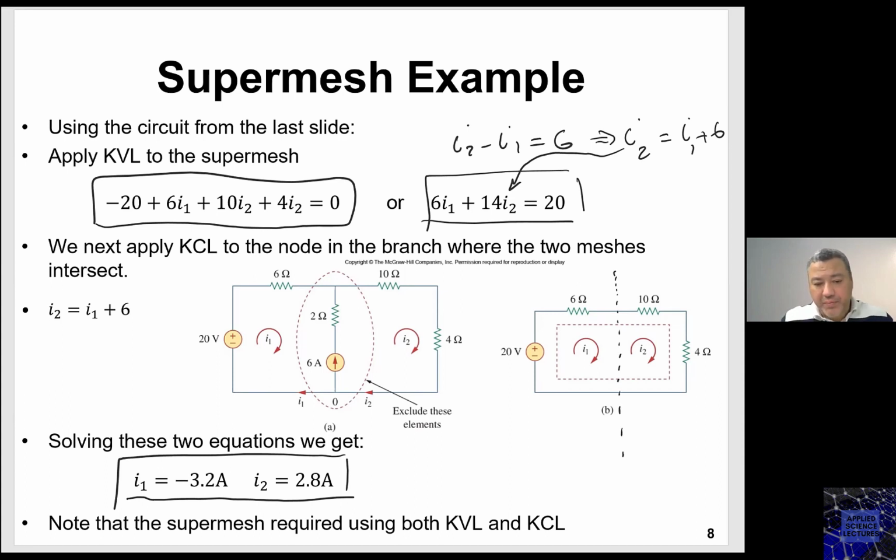So I need to keep in mind that the mesh current I1 is taking care of the left part of the super mesh. The mesh current I2 is taking care of the right part of the super mesh. Well, that's what I mean. However, they have to be written in the same equation.